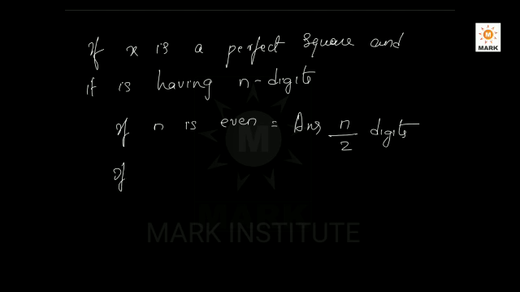But if n is odd, the answer will be (n plus 1) whole divided by 2 digits.